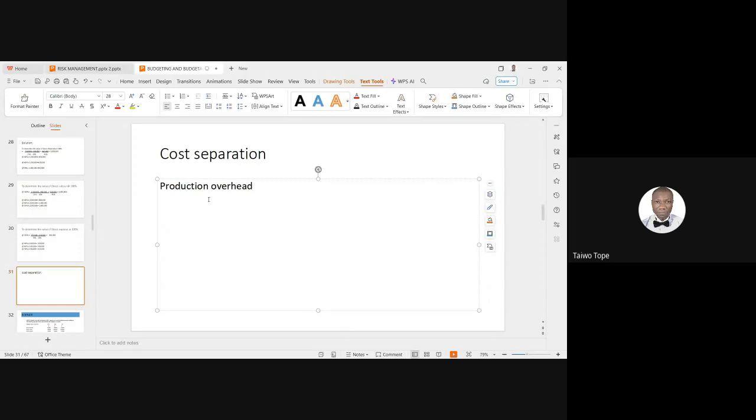Now, we want to determine the total variable cost based on production overhead using the high-low method.